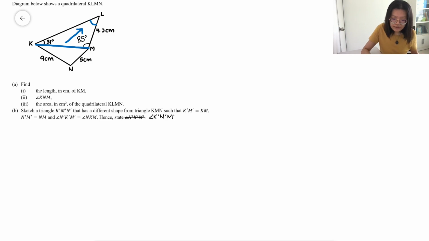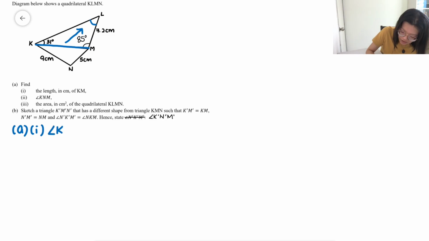Why? Look at triangle KLM. The total interior angle of a triangle equals 180 degrees. Agree? Okay, so the angle KLM can be found by taking 180 degrees minus 31 degrees, after that minus 85 degrees. Find the angle KLM first.